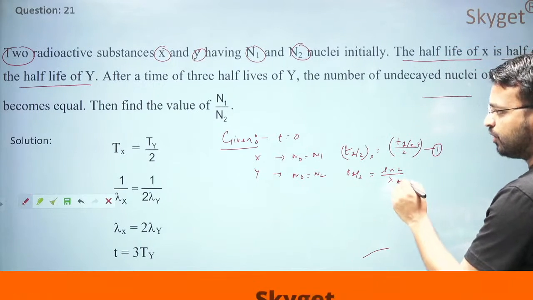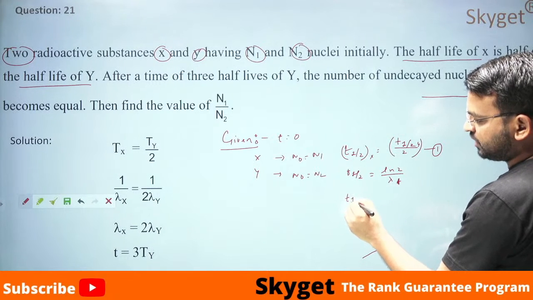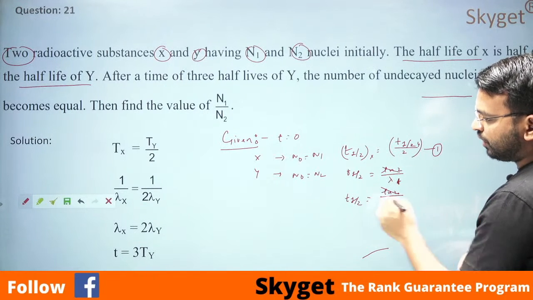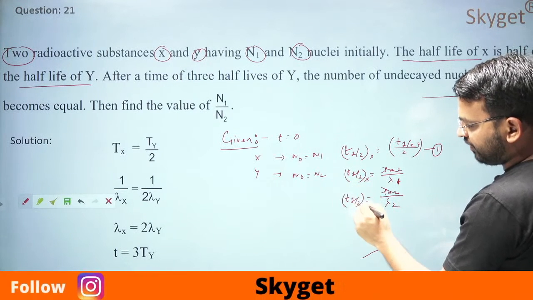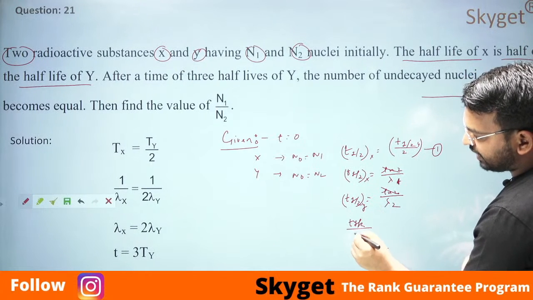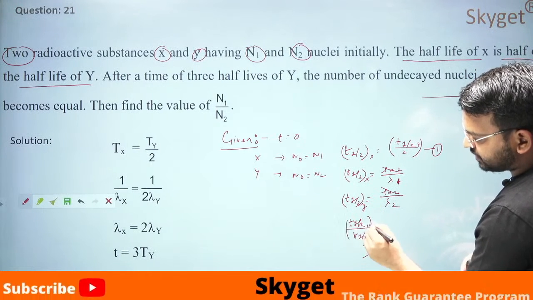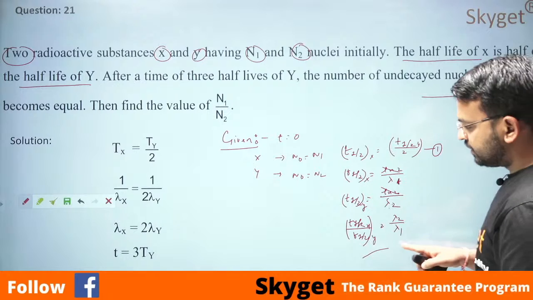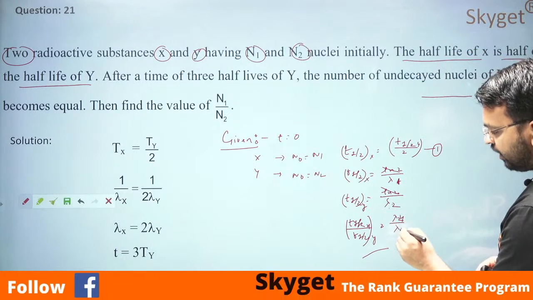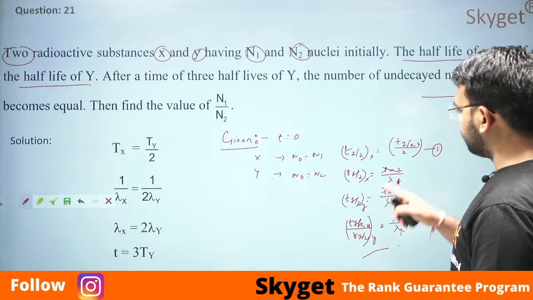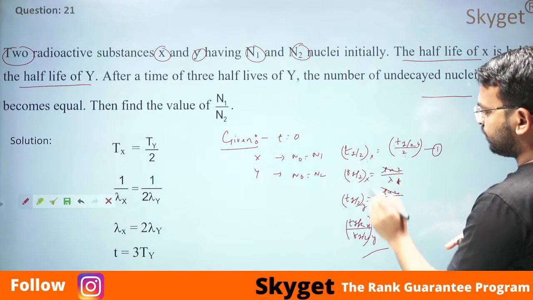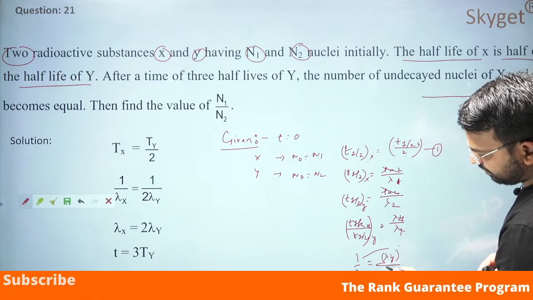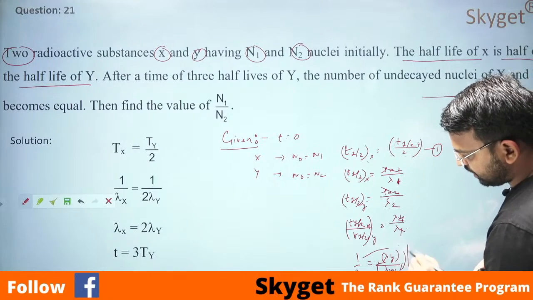So half life of X over half life of Y equals ln2 over lambda 1 divided by ln2 over lambda 2, so ln2 cancels, and this gives lambda 2 over lambda 1, which is 1 over 2. So 1 over 2 equals lambda of Y over lambda of X. This is also one relation we can get from here.